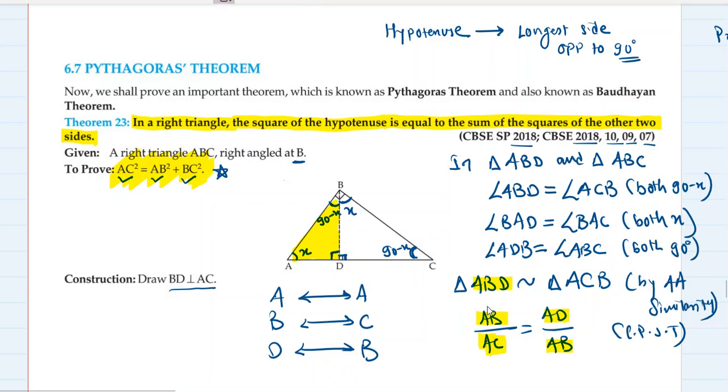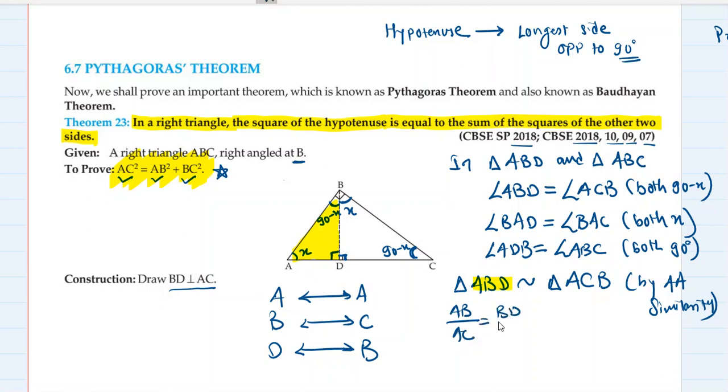Now there is one more way of doing this. Let me just erase this and write the proper correspondence. So proper correspondence says AB upon AC is equal to BD upon CB is equal to AD upon AB. Now there is one more way, a shortcut.